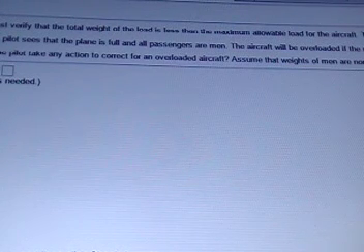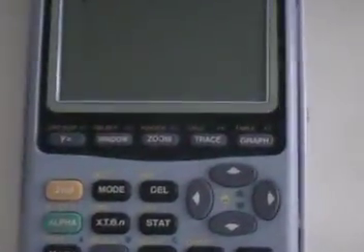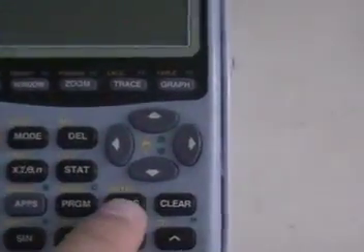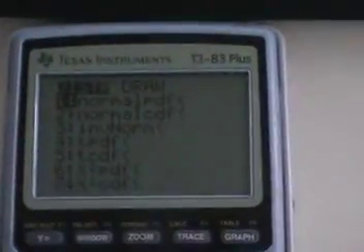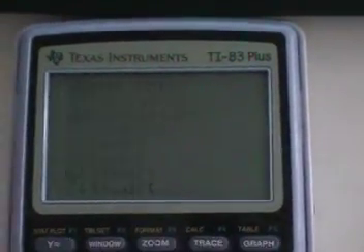If they hadn't mentioned 35 passengers, that's what I would do. But since there is 35 passengers, you make one slight adjustment at the end. So first start off like you're doing just a basic normal CDF. Second, vars. Normal CDF is right near the top, the second one down. We never use normal PDF.